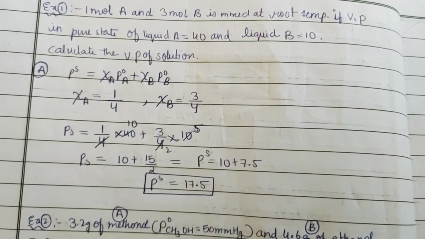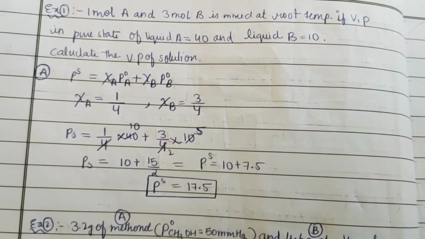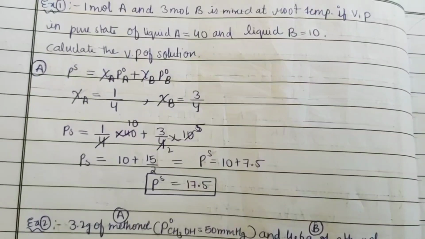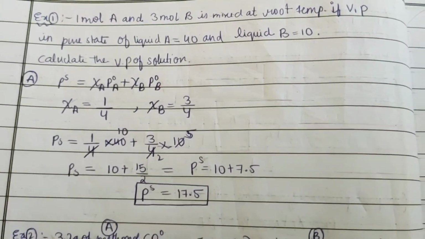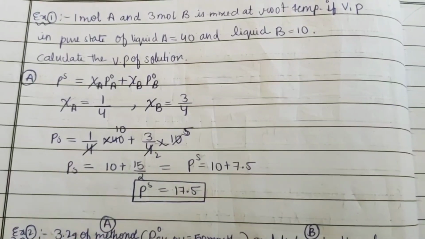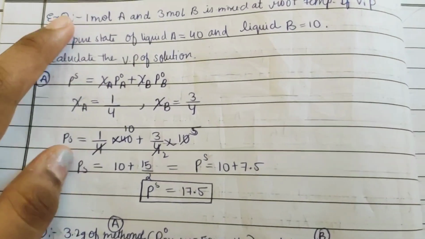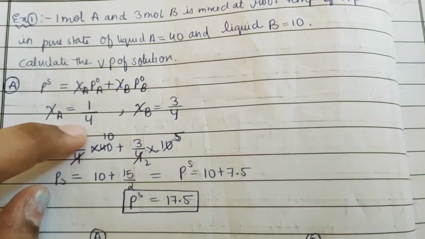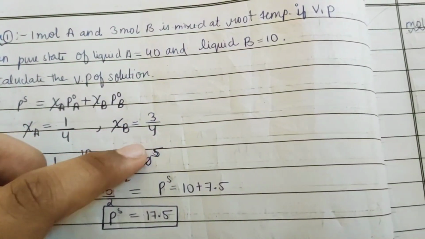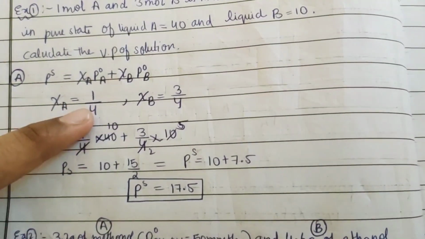As we know, the mole fraction formula is number of moles divided by total number of moles in the solution. So 1 mole is A, and 1 plus 3 equal to 4. Then chi B equal to 3 by 4.